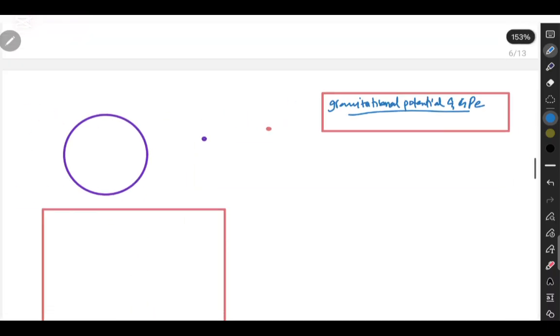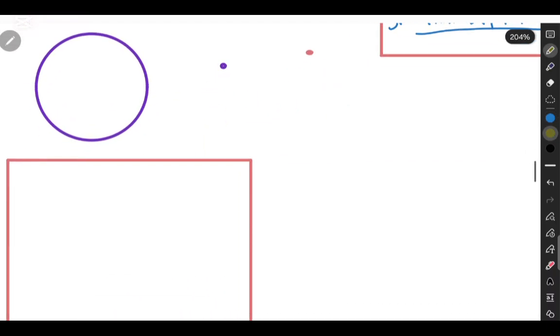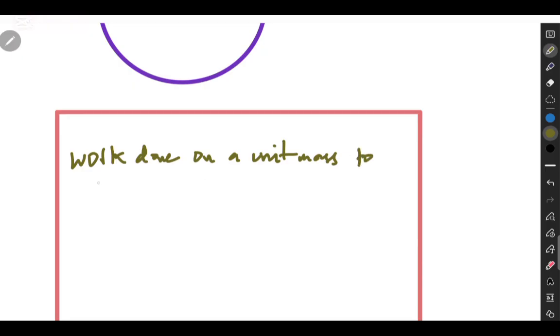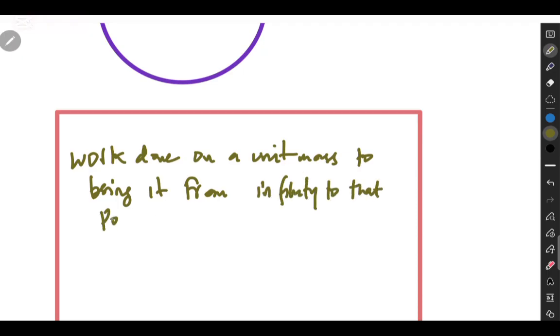Okay, so the gravitational potential is the energy required, the work done on a unit mass to bring it from infinity to that point in the field.